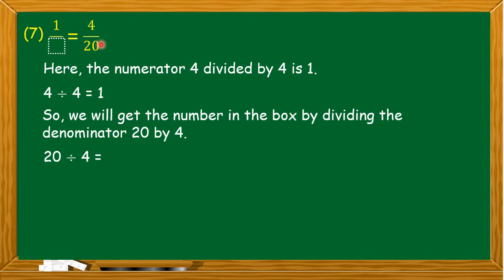So, we get 20 divided by 4 is equal to 5. So, we write 4 divided by 4 upon 20 divided by 4, which is equal to 1 upon 5. Hence, we get 1 upon 5 is equal to 4 upon 20.